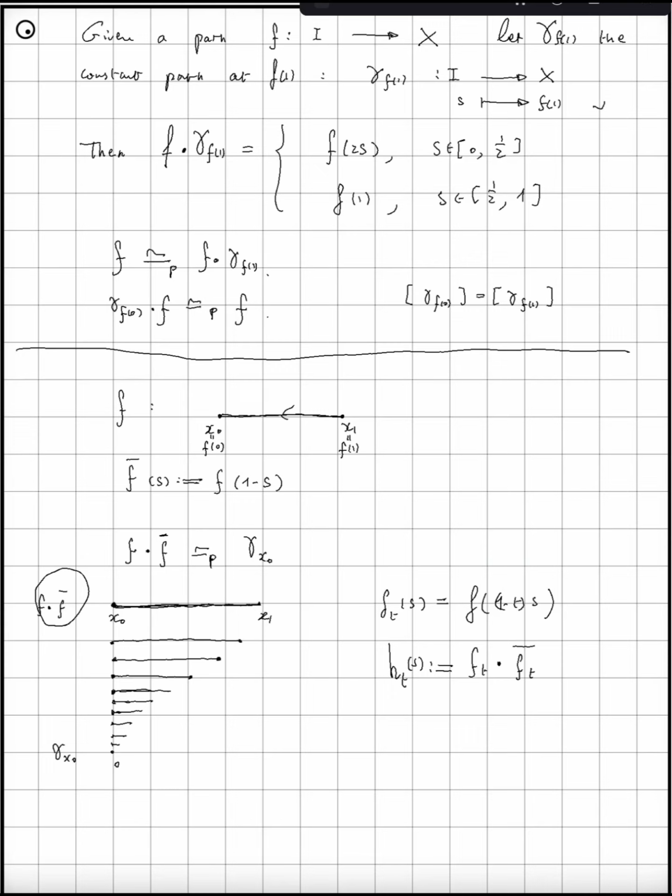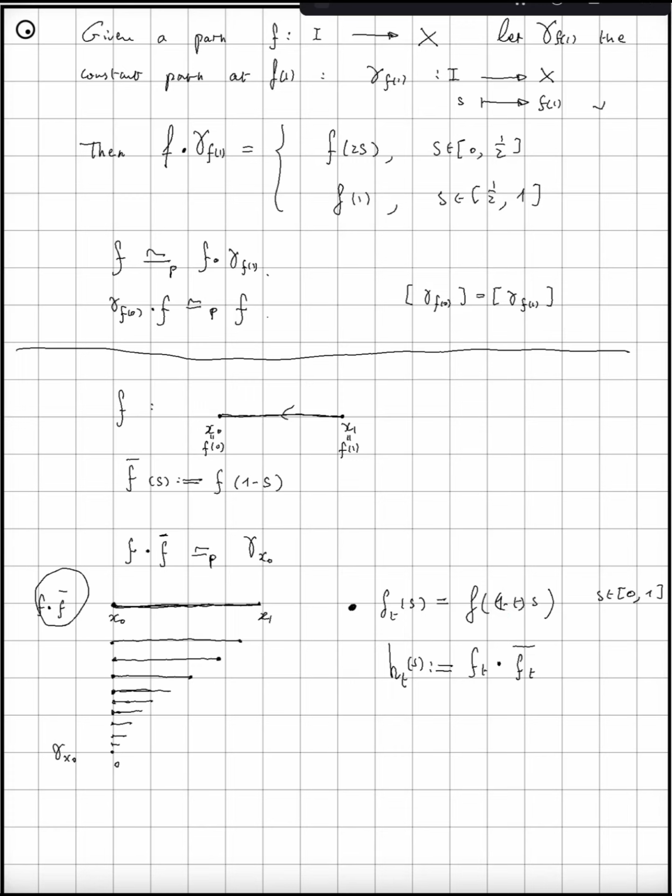So the way is we are going to restrict how far it could reach before coming back, right? The way we do that is firstly we define this f t of s to be f of (1 minus t) times s. So you see that when s goes from 0 to 1, the value of f t of s does not really reach from f0 to f1.